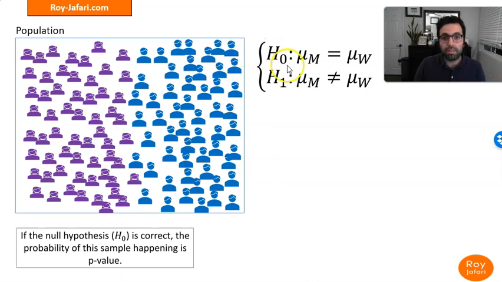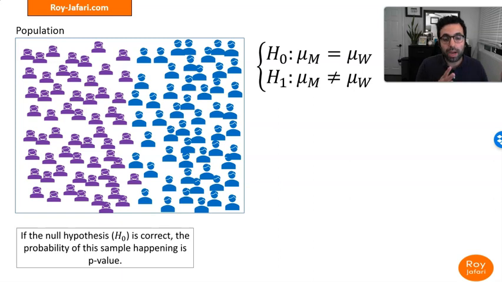Like the null hypothesis is that mu of m, let's say the average salary of men, and mu of w, the average salary of women, are the same, right? So if we could afford to go grab the information of the whole population, sometimes we can, but most of the time, because it's too expensive, we cannot. We resort to random sampling, right?